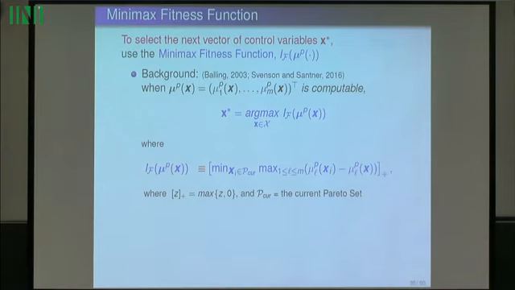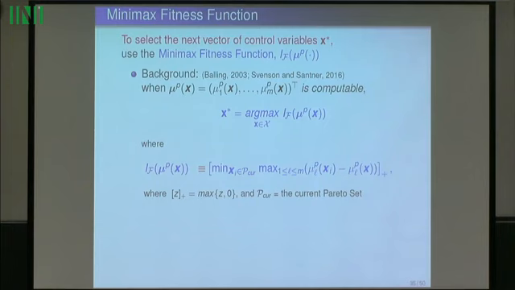Okay, so we're going to select by using what's called the minimax fitness function. Just think for the moment about supposing you could actually know these means, which of course we don't because that's what we're trying to predict. But if you knew these, you'd pick the next x which maximized this fitness function, where this fitness function is defined like this.